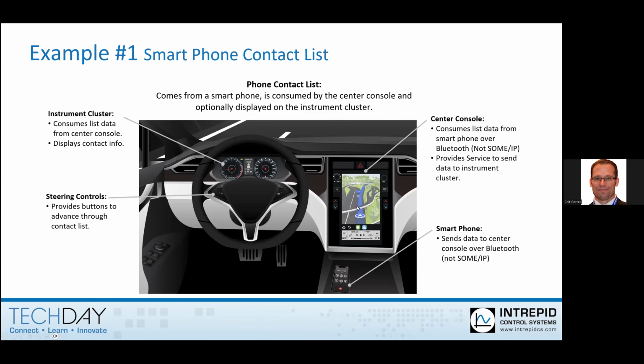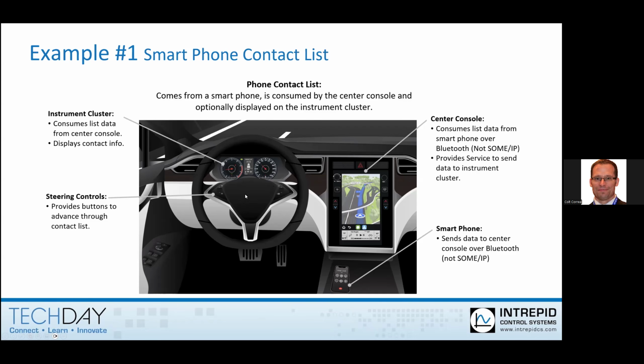So we often see instrument clusters and steering controls have the ability to advance through a phone contact list. It wouldn't make sense in this scenario to store the phone contact list in the instrument cluster and also store it somewhere else in the vehicle, because it requires more memory, and duplicating data doesn't make sense.